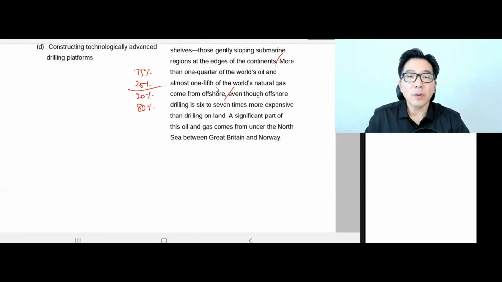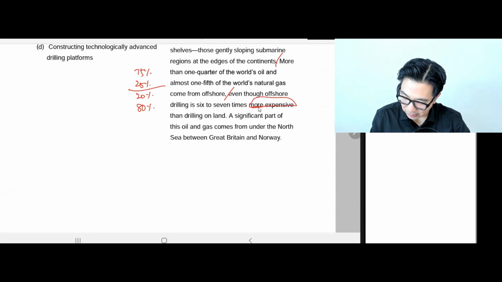Anyway, even though offshore drilling is 6 to 7 times more expensive, so it's hostile. It's trying to explain that offshore drilling to get oil is more hostile. It's harder because it costs more money than drilling on land. So land is preferable, easier, less hostile.